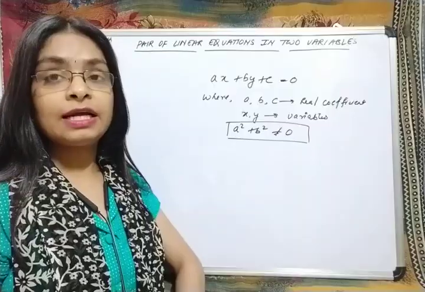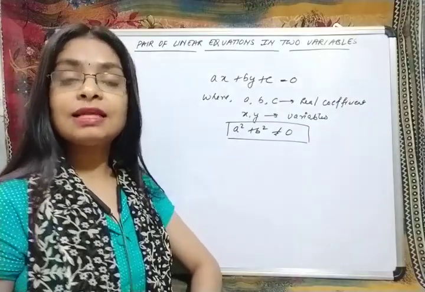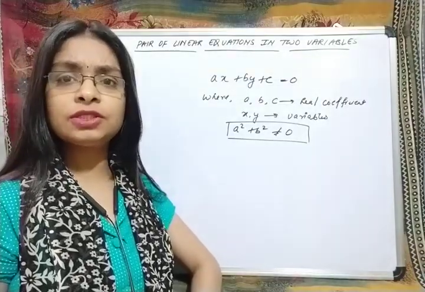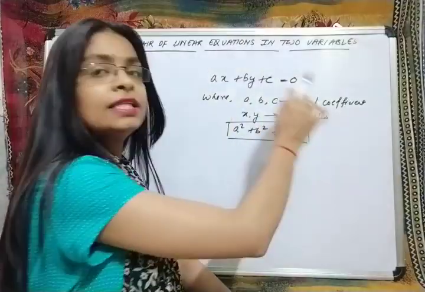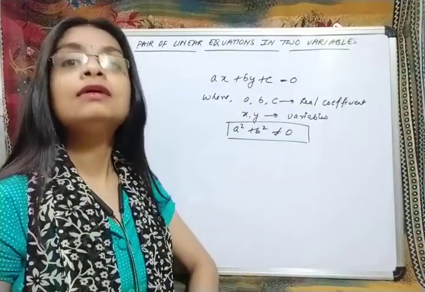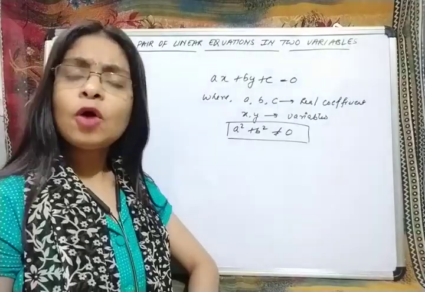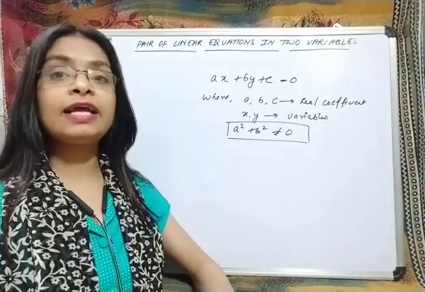So we have already studied the graphical representation and the solution of the linear equation in two variables. What was the solution? The values of x and y which satisfy this equation are known as the solution of the linear equation in two variables. How many solutions does a linear equation in two variables have? It has infinite solutions.